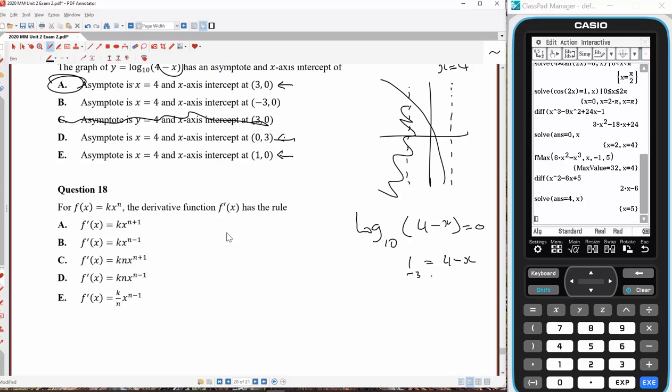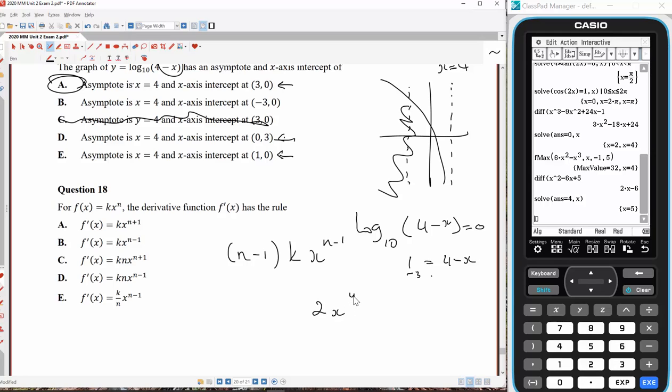Okay, good problem here. You just need to know the rule. To get the derivative f dash x, power goes down by 1 and multiply by the power. So if we've got like 2x to the 4, it's 8x to the 3.